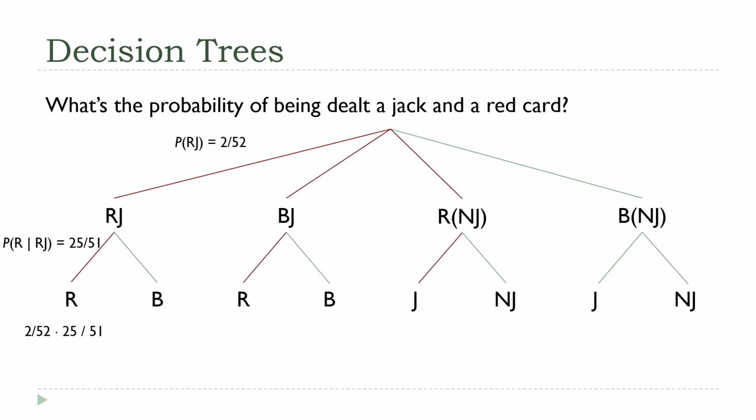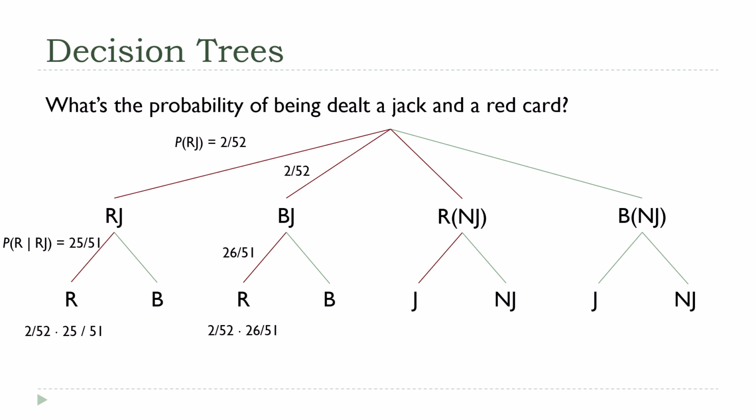None of the other paths give me what I'm looking for. So let's work out the probabilities for each of these paths. Here it's 2 out of 52 to get a red jack, then 26 out of 51 to get a red card, because there's still 26 red cards at this point. So that probability is 2 out of 52 times 26 out of 51.